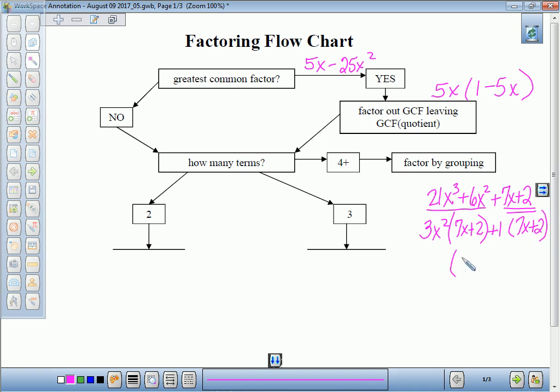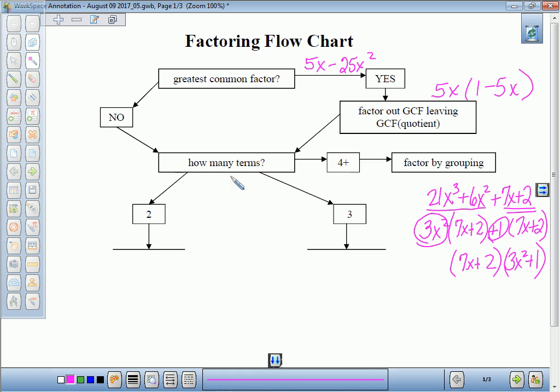So this factors to 7x plus 2. This is the factor that both terms have in common, and then we group what's left, which is 3x squared plus 1.